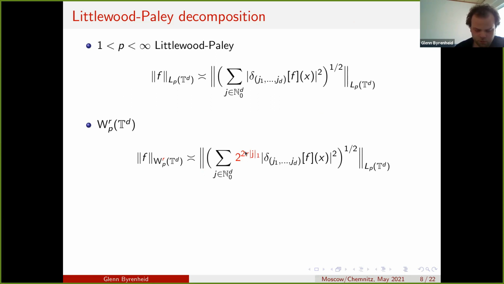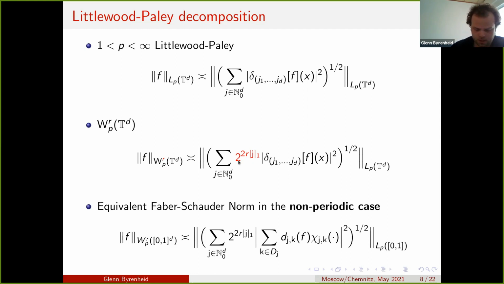Then we put an additional weight in front of these blocks. Here we see that this norm is very similar to our Faber-Schauder discretized norm. Here we had this cutout of the Fourier plane, and in our case of Faber-Schauder, we simply replace this by this sum of the Faber-Schauder coefficients of the corresponding level.